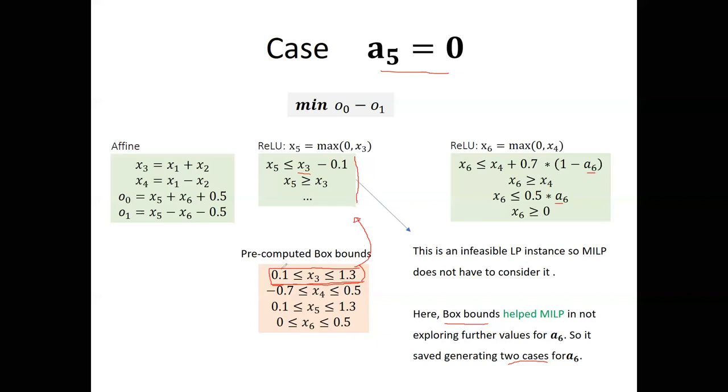Of course, if your bounds are very loose, if your convex relaxation is very loose, like the box tends to be, you may not be able to prove that this is unsatisfiable. For instance, if the bound is crossing over, negative here, you would not be able to prove it, and you'd have to explore the instance. But in this case, we can prove it because X3 is strictly greater than 0. Okay, so let's consider the case where A5 is 1.